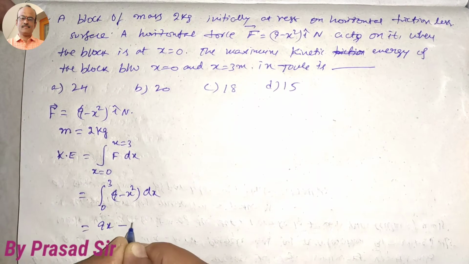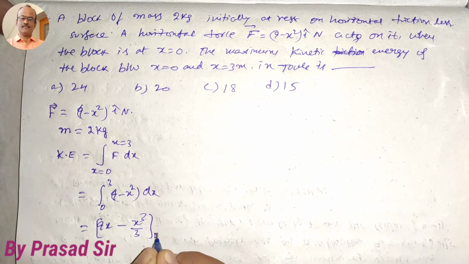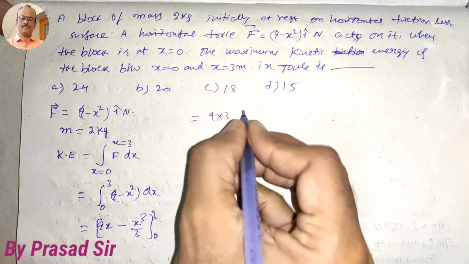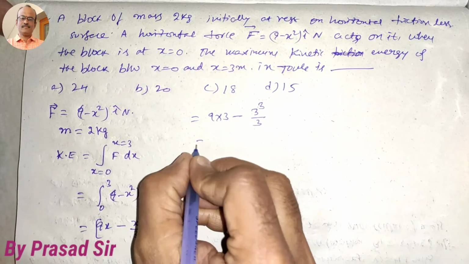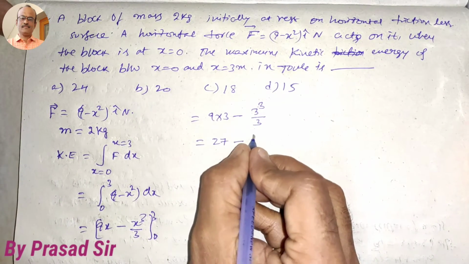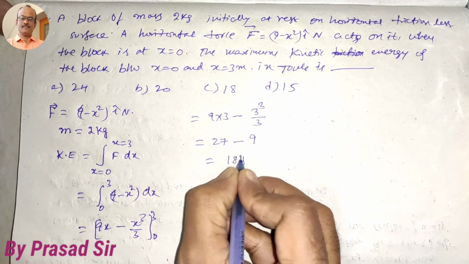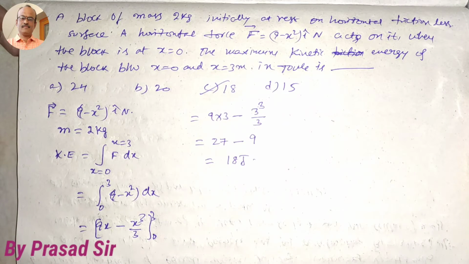This is 9x minus x cube by 3, from 0 to 3. Substituting, 9 into 3 minus 3 cube divided by 3. 9 into 3 is 27, and the 3s get cancelled, so 27 minus 9. So we are getting 18 joules as the answer. Which option is correct here? Option C is correct.